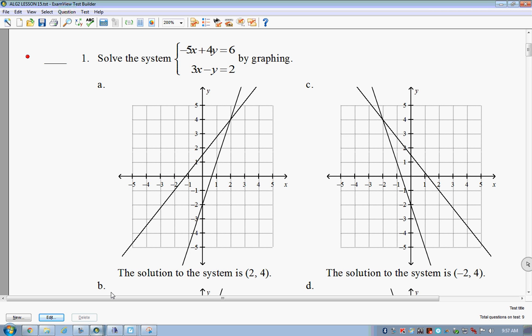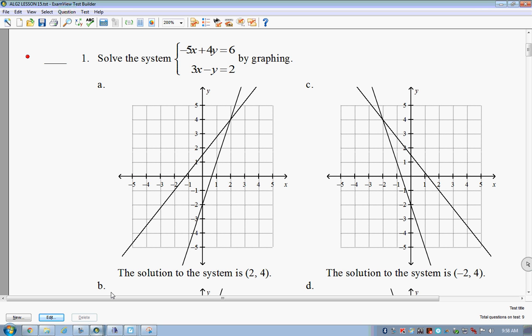There's multiple ways that we could choose to solve this by graphing. One of the ways, rather than going through all the steps to convert it to slope-intercept form, is using x and y intercepts. Have we talked about those in here? Yes? Okay.